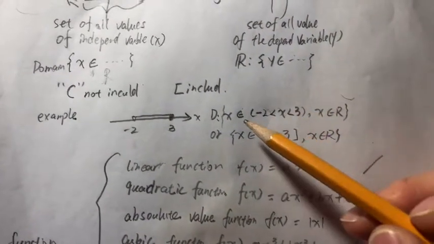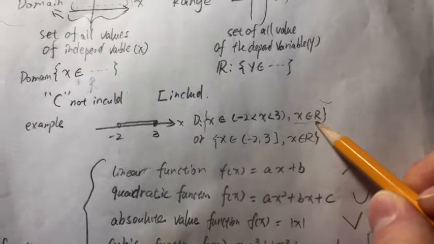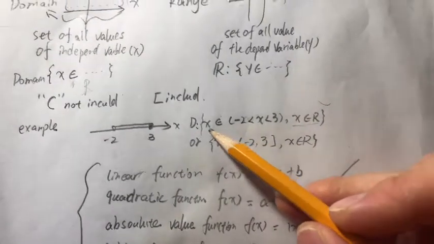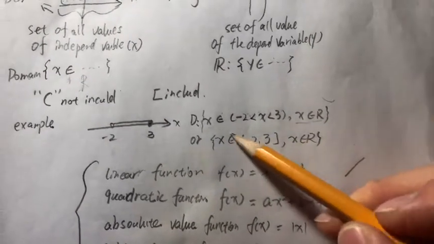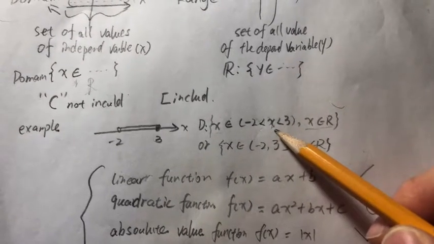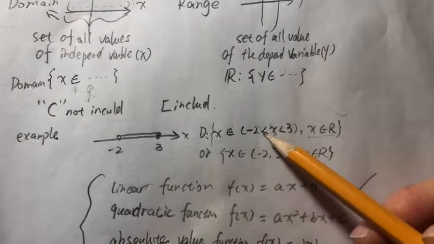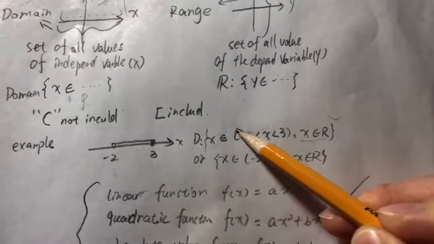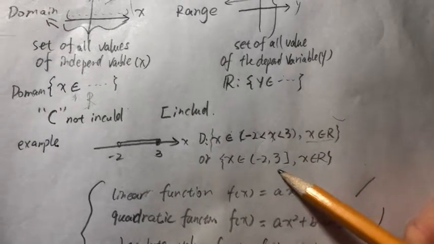Okay, so let's say this one is x equal to all the real numbers, but x is smaller than 3 and bigger than -2. And this bracket means not including, and this bracket means included.